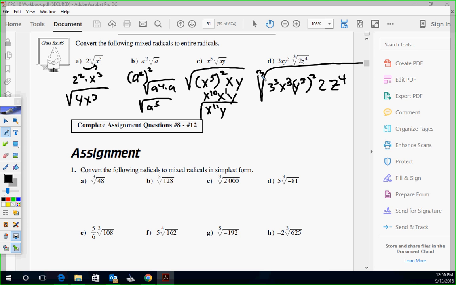So 3 cubed is 27 times 2 is 54. So my numbers are done. x cubed, there's no other x's, so x cubed. y cubed and then cubed again. 3 times 3, right? Cube, cube, so y^9. And there's no other z, so z^4. Oops, it's a 3.